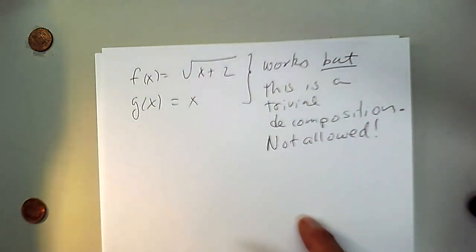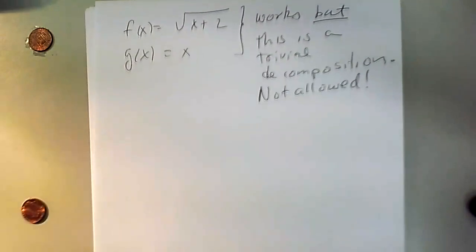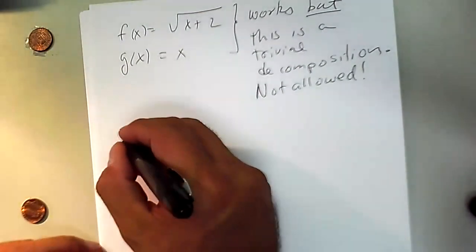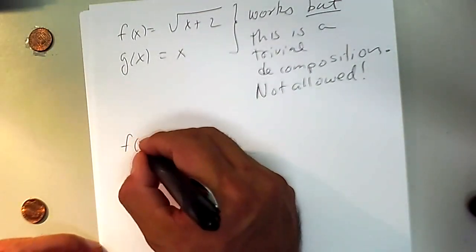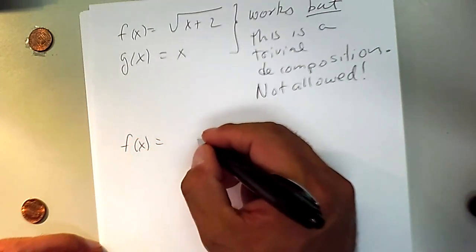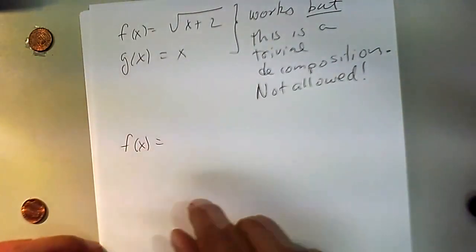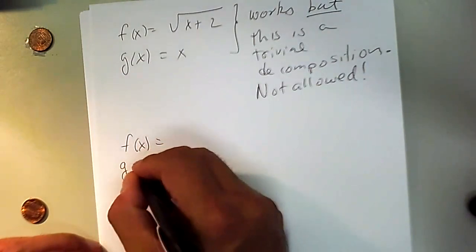And then there is the overcomplicating answer. Somebody could say, well, can I make f of x equal to, now I got to think about this because it has to be right.